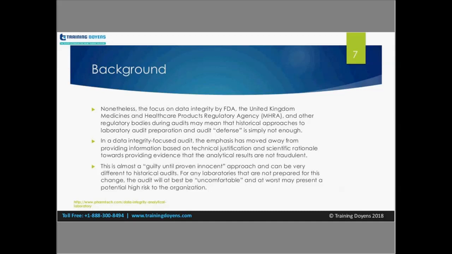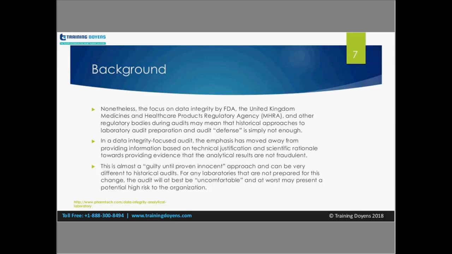When they come in and focus an audit on data integrity, their emphasis has moved away from providing information based on technical justification and scientific rationale to providing evidence that your results are not fraudulent. So it's more of you're guilty until proven innocent. That's not really the historical nature of audits.